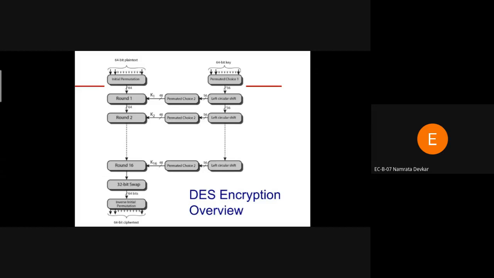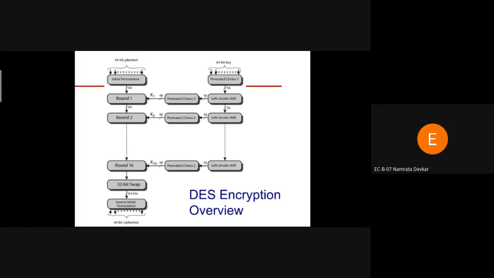Those 8 bits are discarded and the 64-bit key is converted into a 56-bit key by using permuted choice combinations. Okay, so this is a standard process. First we have to convert the 64-bit key into 56 bits.